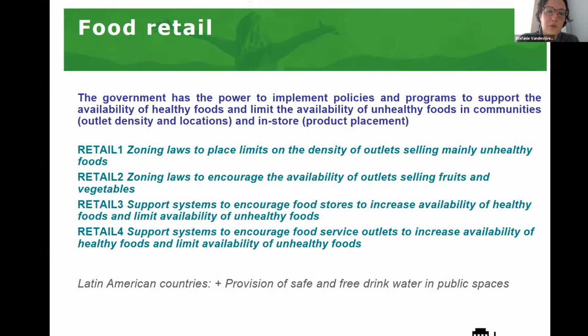And then 3 and 4 really look at in-store or inside services to look at stimulating the availability of healthy foods and limiting availability of unhealthy foods. And that's also an area, of course, where internationally there's not that much action happening, because it's rather more difficult to introduce a policy like this compared to some of the other ones that we've just seen before.